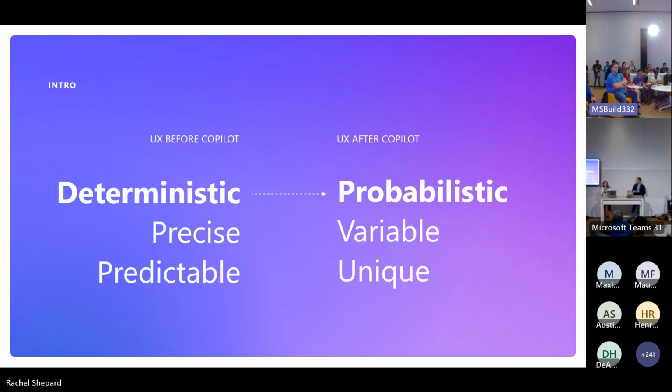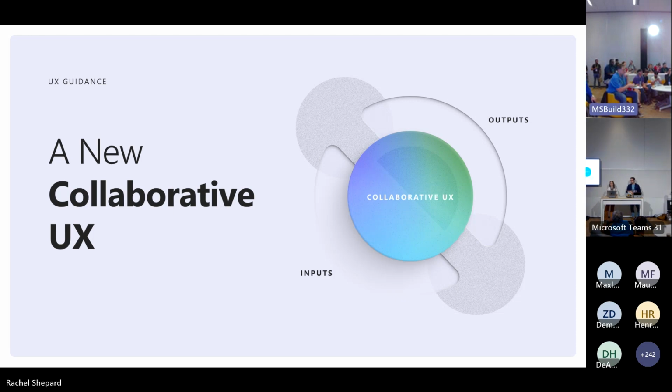The core idea is that the UX we worked on before copilots was what we think of as deterministic, right? We had a desired input, a trigger, and we knew where we wanted them to exit. This is much more ambiguous. We can think of it more as probabilistic. We kind of know what's going to happen, but it's a really unique journey for each person. So we have an emerging concept around a collaborative UX, and you can think of this in two ways.